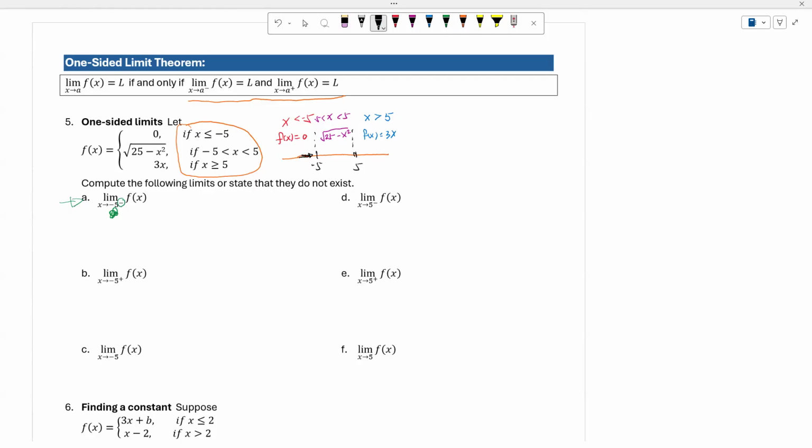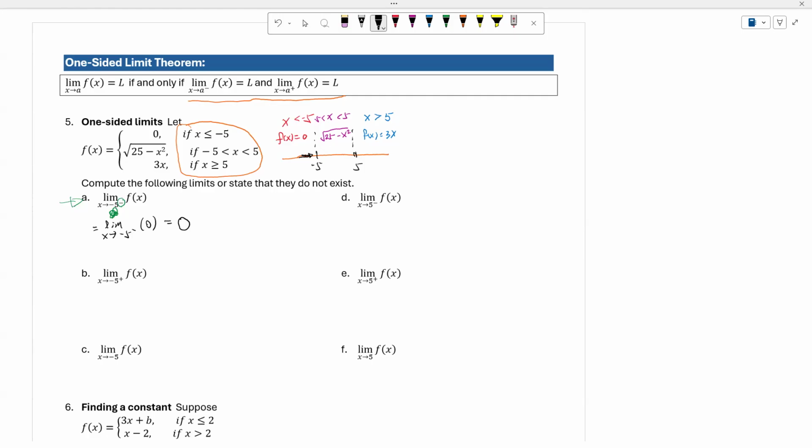In this case, you will see what happens to the function. The function we need to work with is f of x equal to 0. So of course, when I evaluate, my answer must be 0.